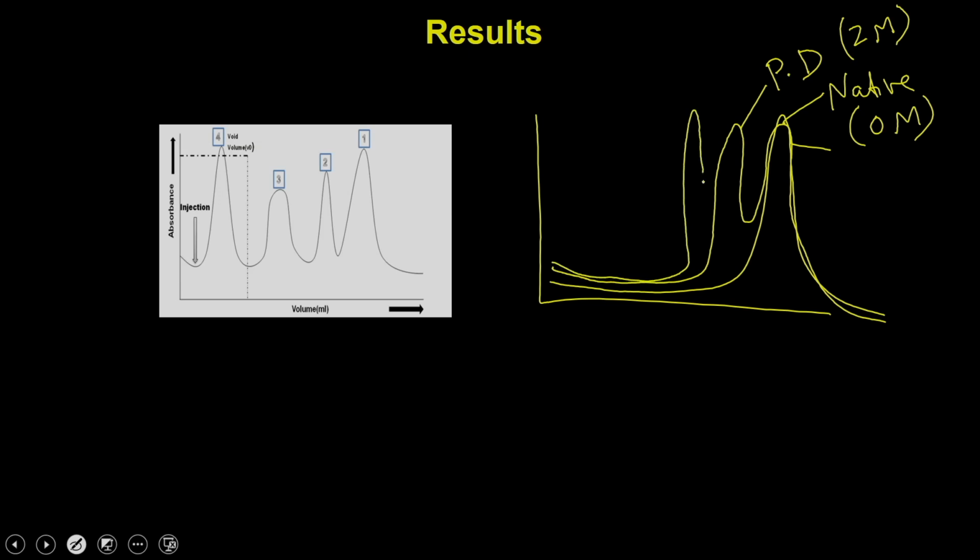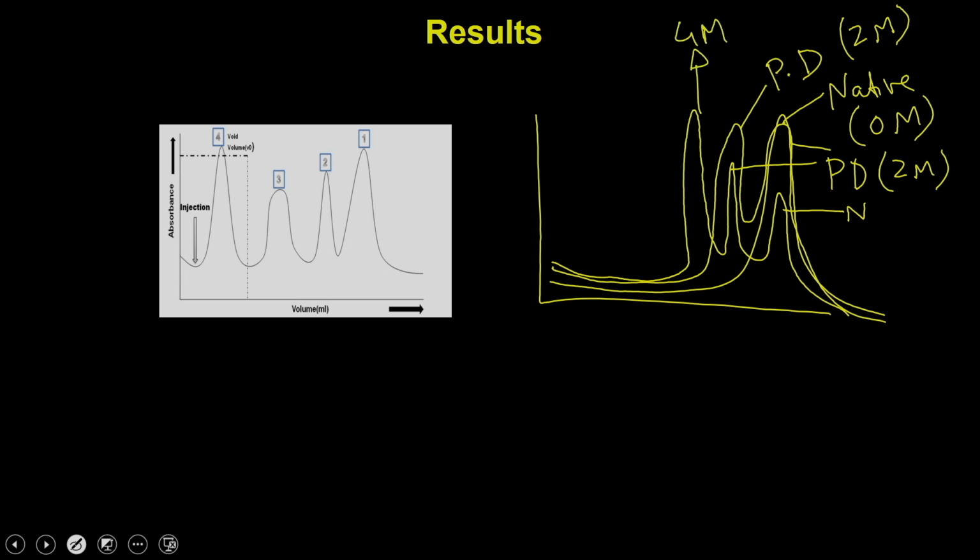You are going to see one more peak, and you are going to see that the native protein is now reducing in concentration, and you are getting the partially denatured protein which is of 2 molar urea, and you are getting another peak which corresponds to the 4 molar urea. And now, if you increase further, you are going to get a very high peak, and probably a native peak if there is still protein present in the native conditions.